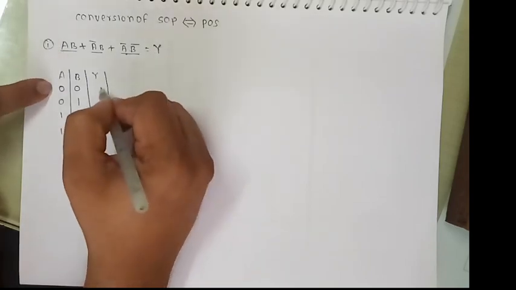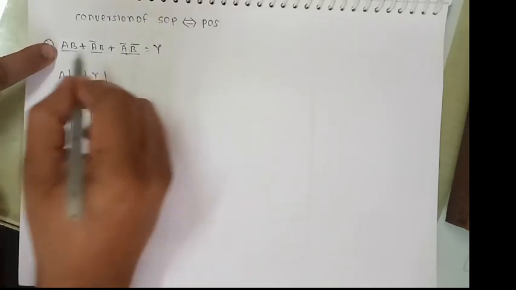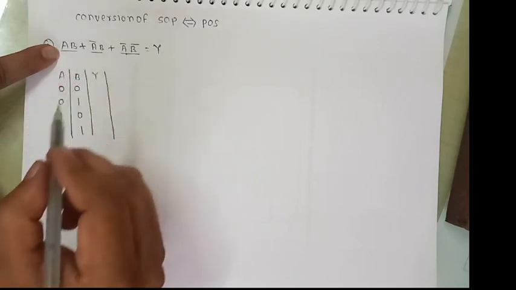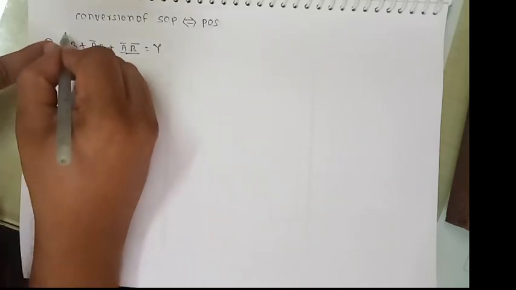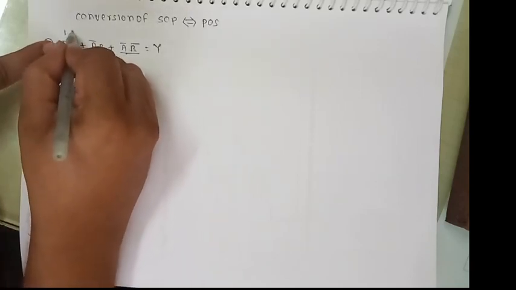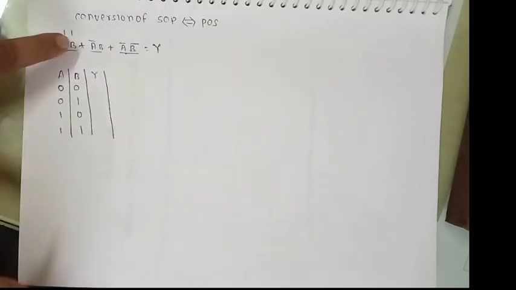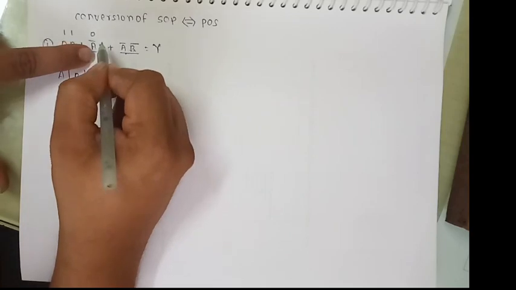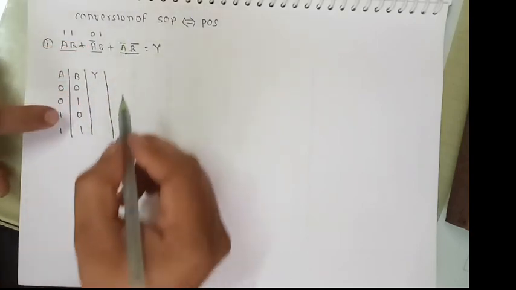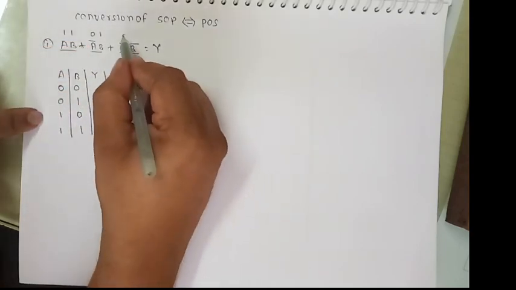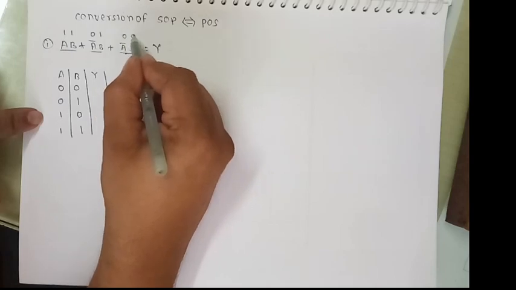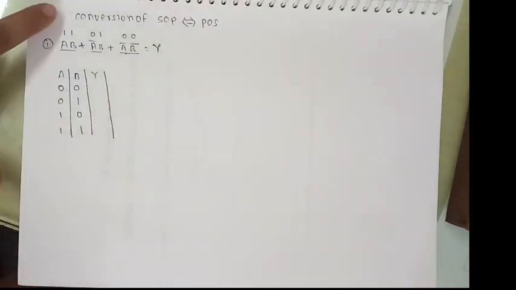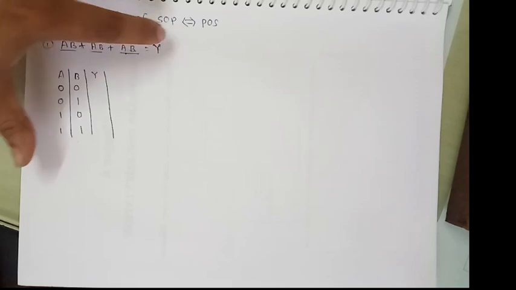AB means A is 1 and B is 1. A bar B means A is 0 and B is 1. A bar B bar means A is 0 and B is 0.